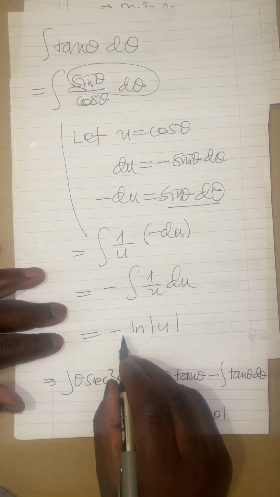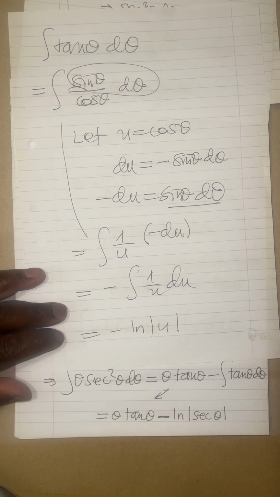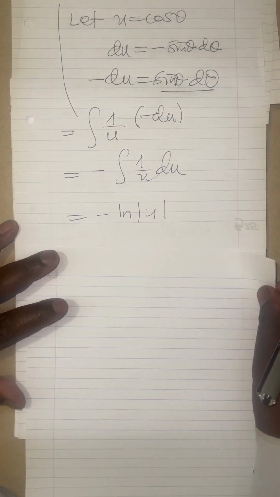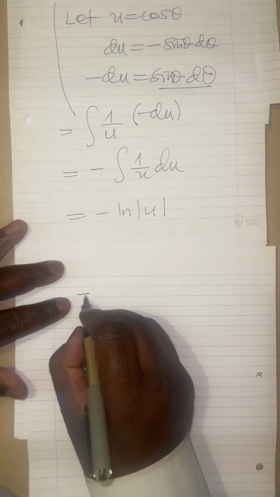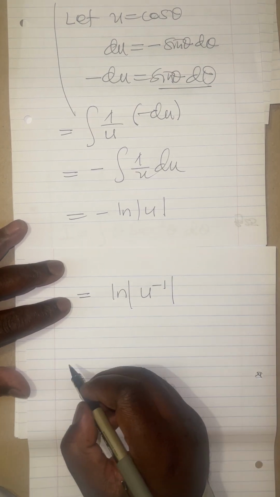Now the minus is actually minus 1. If you see what I mean, let me write on another page here. Are you able to see what I'm writing? Yes. This minus here, we can rewrite this as natural log of u to the power minus 1, like this.